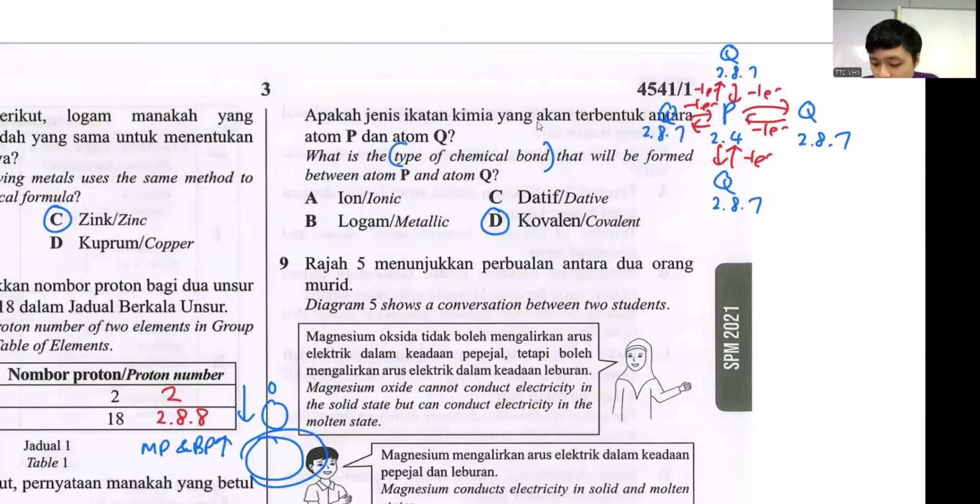That's why the formula in total is PQ4. Normally, for example, it is tetrachloromethane.